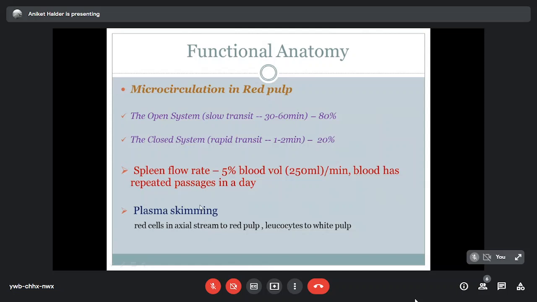The blood has different components, but by the process of plasma skimming, the red cells, which are denser, are usually present in the axial stream, and through this axial stream they directly end up going into the red pulp, whereas the components present in the periphery of the stream, mainly the leukocytes, the plasma, and the macrophages or dendritic cells, directly go into the white pulp, which is present at the lateral parts.